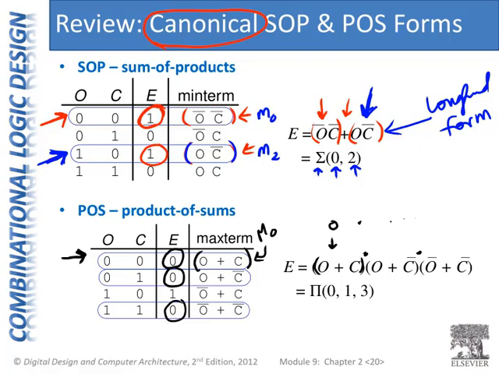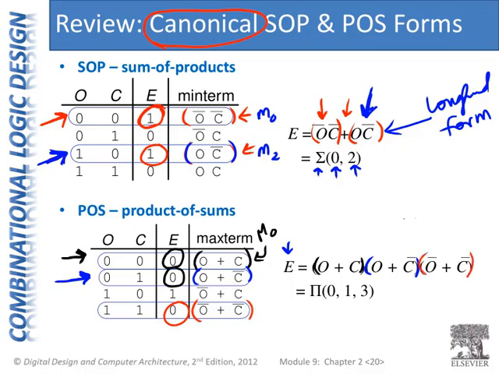We also include the next max term, O or C bar. That term will evaluate to 0 in the 0, 1 case. In the 0, 1 case, we'll get 0 or 1 bar, which will be 0 or 0. That will evaluate to 0 in the 0, 1 case and force this output E to 0. And finally, for the last term where the output should be 0, we get the 1, 1 input combination. That max term, O bar or C bar, will evaluate to 0.